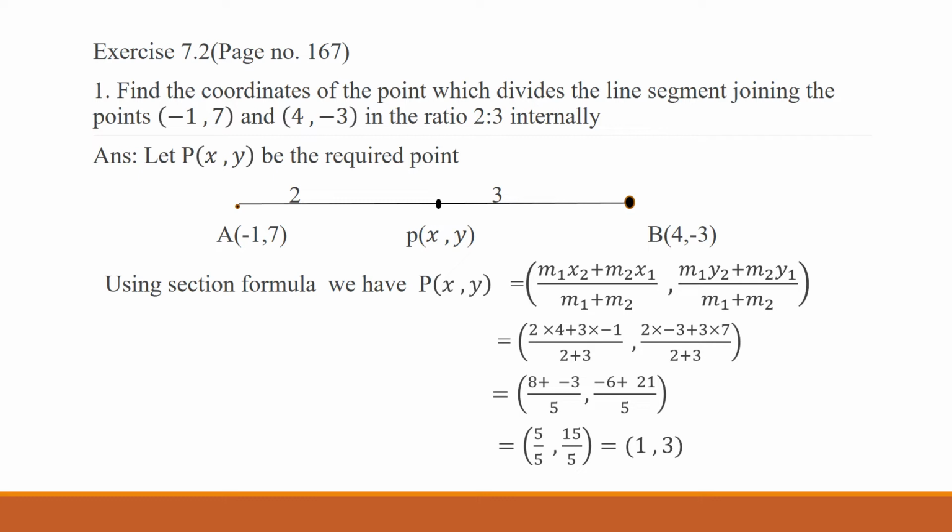Therefore, we can say the coordinate of the point which divides the line segment AB internally in the ratio 2:3 will be (1, 3).